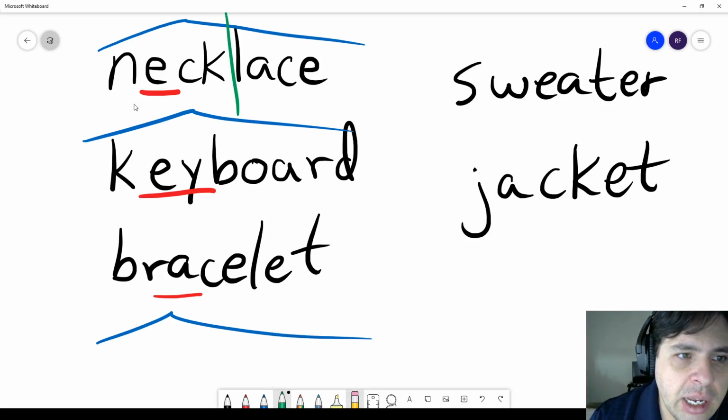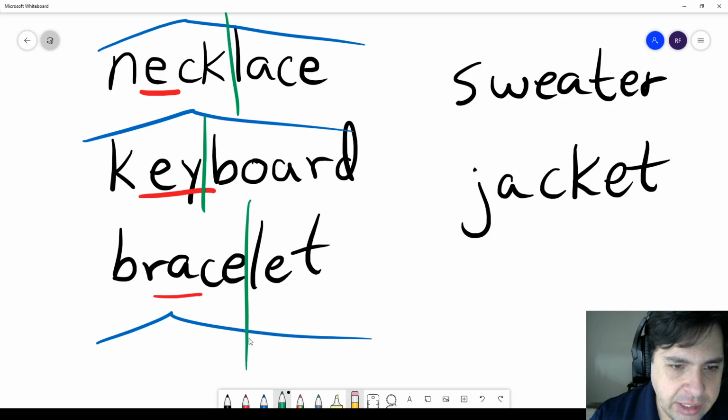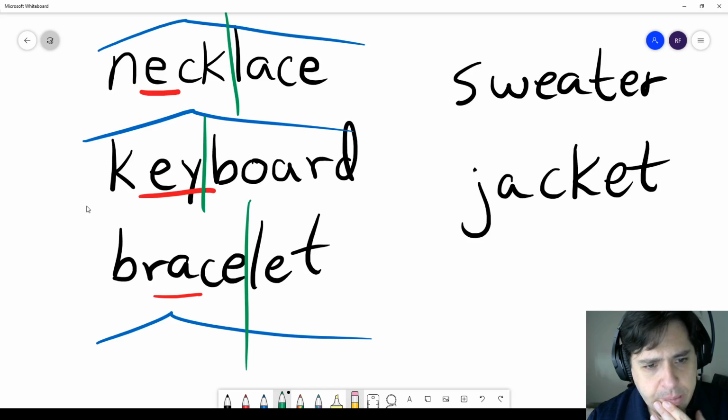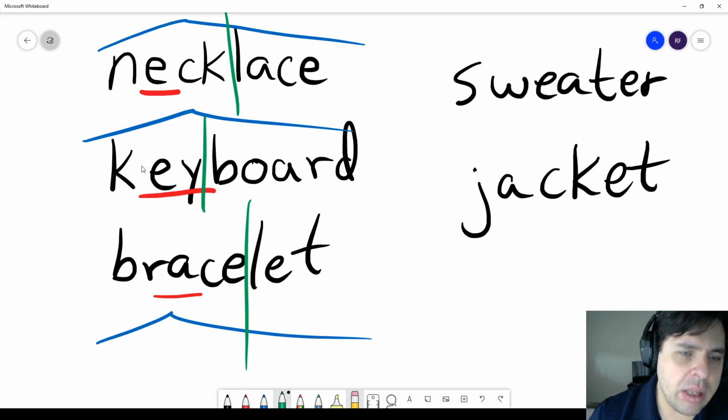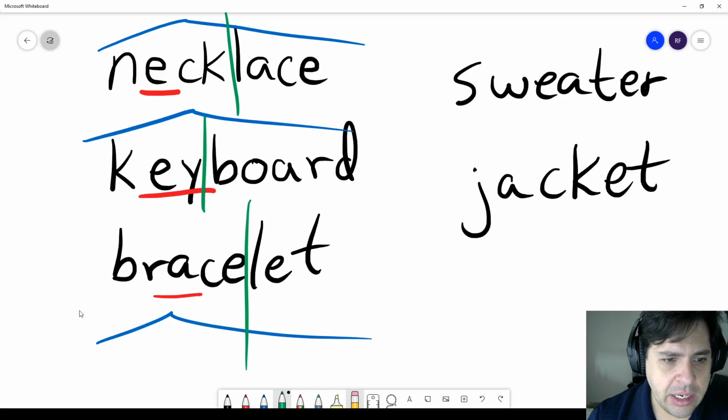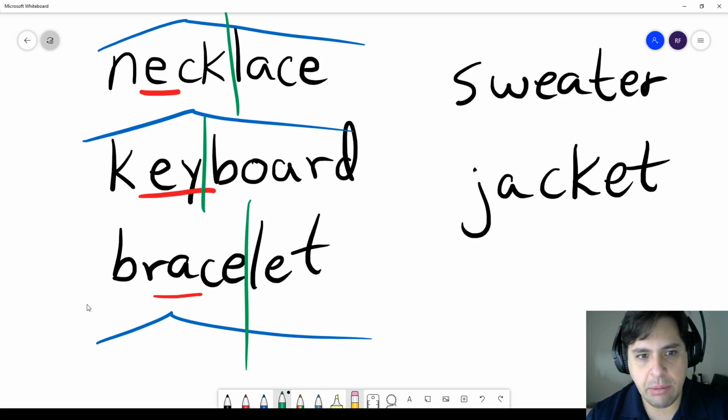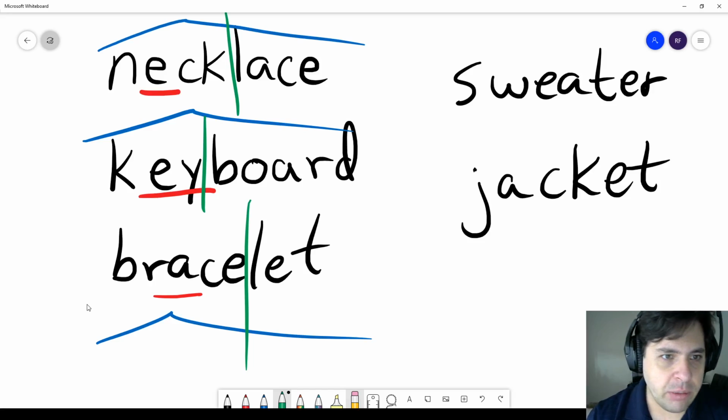So necklace, keyboard, and bracelet. Now, the way we do this is we're trying to split it into sounds, okay? And this can help us also distinguish where are each of the syllables and where are the strong syllables, if you notice.